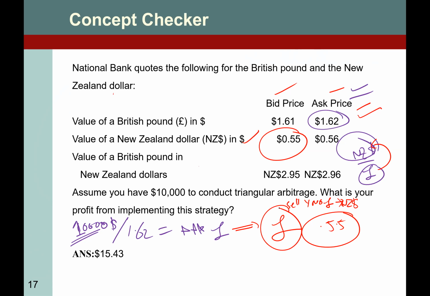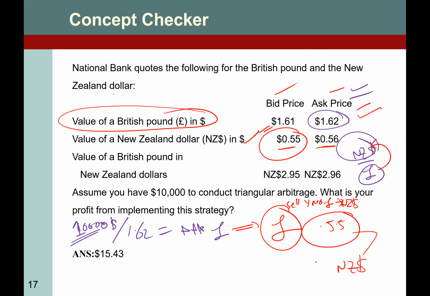Now you have pounds to convert into New Zealand dollar. Which rate will you choose, bid or ask? When you want to sell your pound in terms of New Zealand dollar, it's bid. Now you have NZ dollar. You want to sell your NZ dollar to buy dollars.